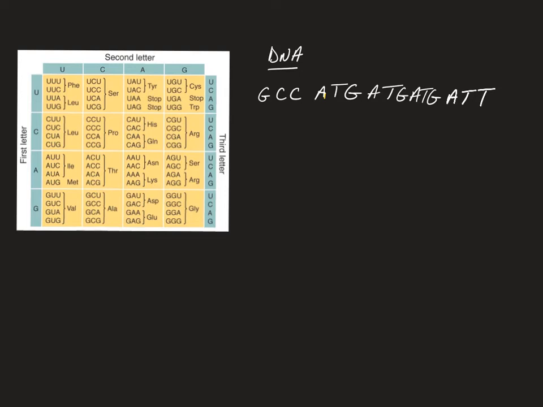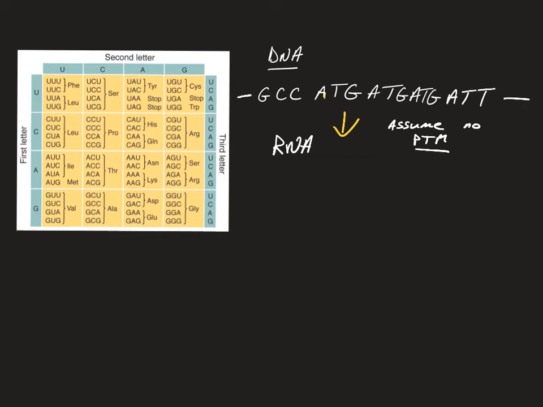So somebody tell me the mRNA, because the first thing is transcription. So we're going from DNA to what? RNA. And we're going to assume there are no post-transcriptional modifications, no splicing in this section of the DNA.